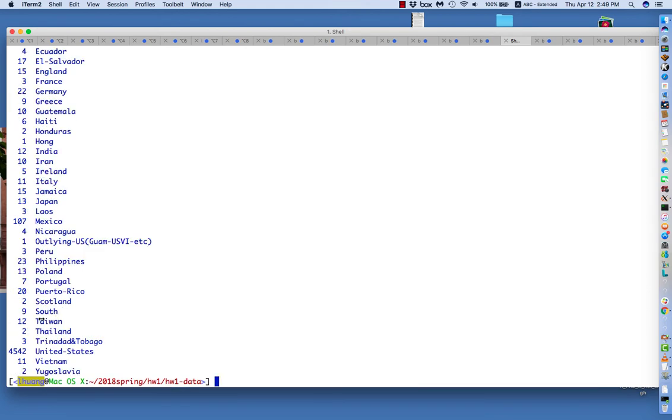Okay, the country of origin, well, the vast majority is the United States. If you sort by the first field... Oh, by the way, this vertical bar means pipe, right? So the basic idea is you run a sequence or pipeline of programs. This is the first program. Its output is fed as the input to the second program, whose output is fed as the input to the third program, and so on.